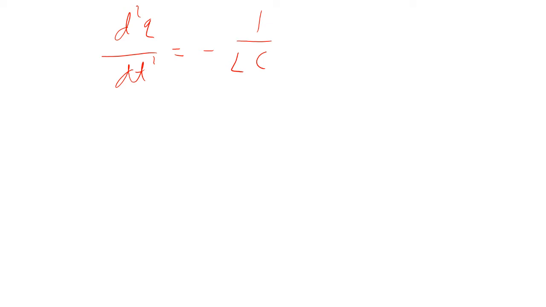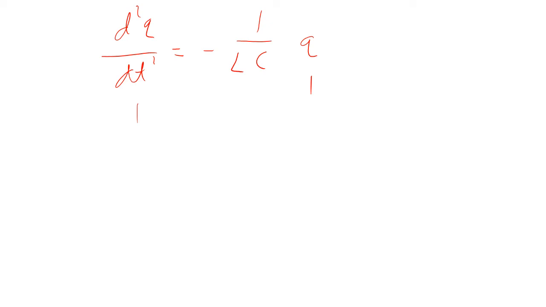Okay, and so that's the equation that we have to solve. And so we say, well, what can we imagine this would be? Well, we know that something that if you take the second derivative of it, you get the negative of the original, that is going to be a sine or a cosine.